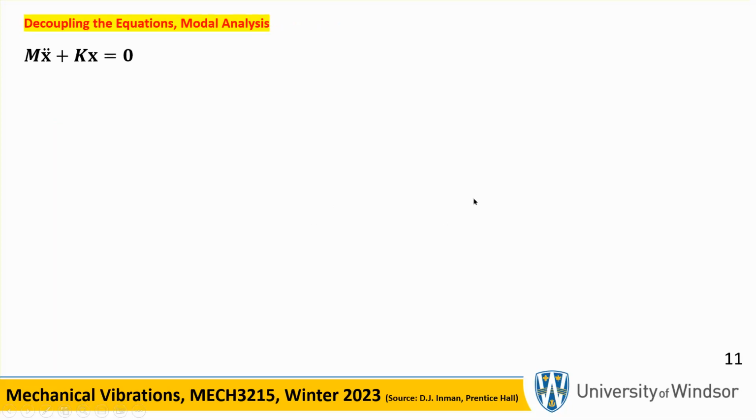Now we want to see how this is going to help us to solve the equation of motion, to decouple the equation of motion. Remember, the whole reason behind finding these mode shapes and frequencies is to be able to decouple the equation of motion. That's called modal analysis.